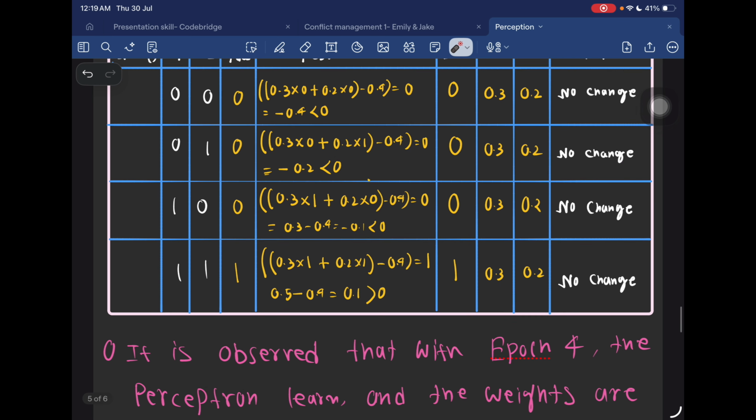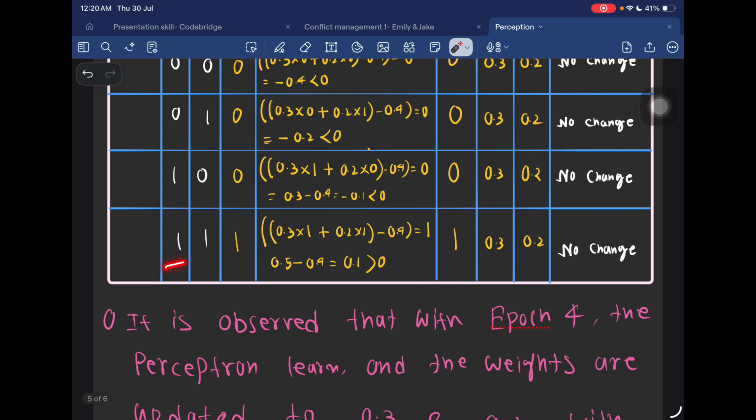Our next feature is 1 and 0, with weights 0.3 and 0.2, then subtract 0.4, the bias. The activation result is minus 0.1, obviously less than 0, so we accept 0, the error is 0 minus 0, which is 0, and there is no change of the weights.